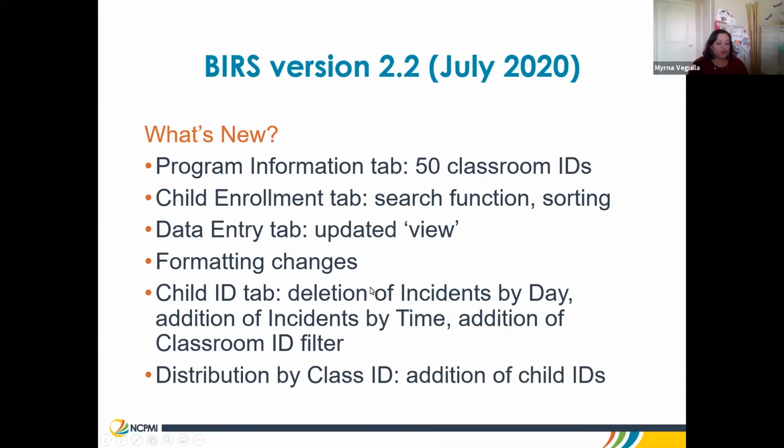So for those of you who have used the previous version, there are 2 versions of the BIR Excel spreadsheet that have been released. The first version was released about 2 years ago, and then it was revised. And so now we have version 2.2 up. If you downloaded the previous version, you would have received an email from me.